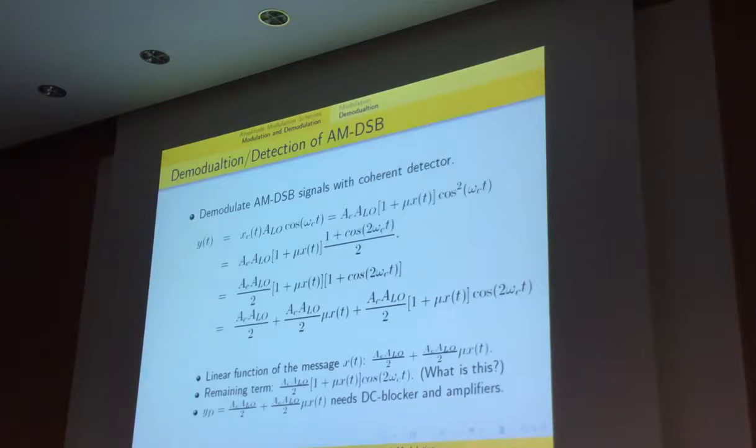So the frequency range is 2Fc minus B to 2Fc plus B. And we know that the carrier frequency Fc is much greater than B. In other words, this portion is very far from the baseband signal. So now my baseband signal is over here. Now, can you tell me how I can separate these two signals?